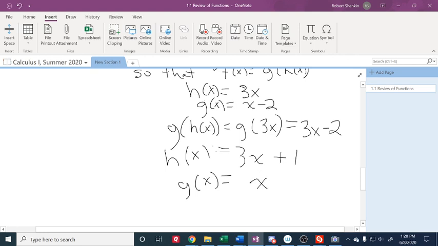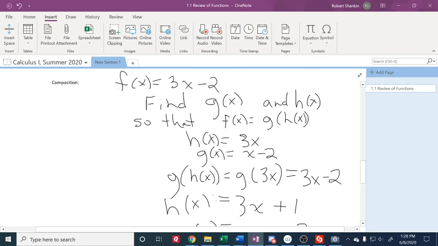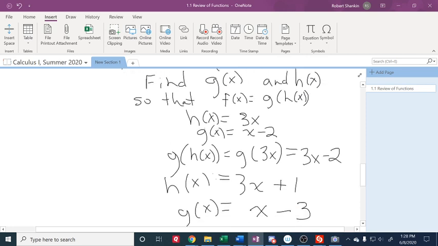If we just keep it and then subtract 3 from it, that would give us, in the end, the same answer as over here. And in fact, you can always keep the h of x, the inner function, being the whole function. And then the outer function could just be g of x equals x. It just stays itself. And there's an infinite number of ways to break it up.